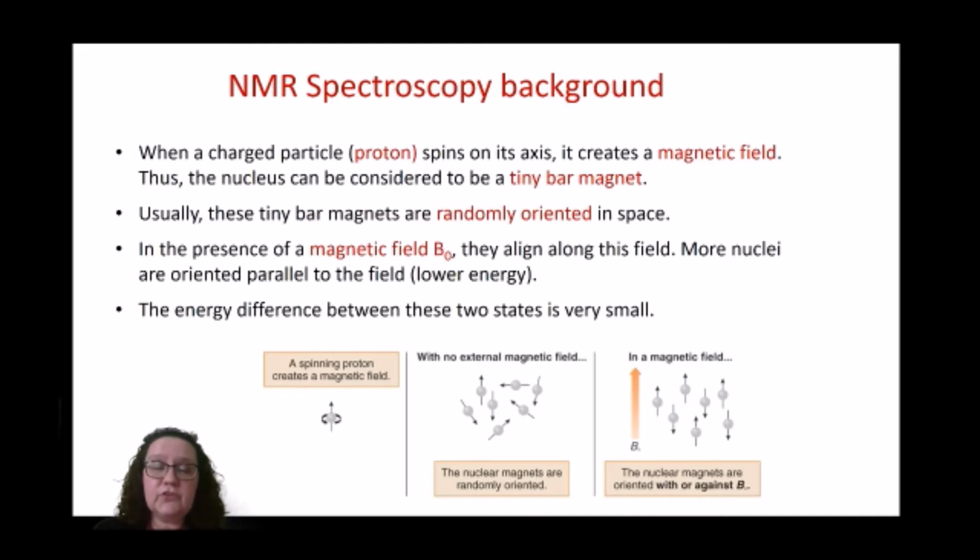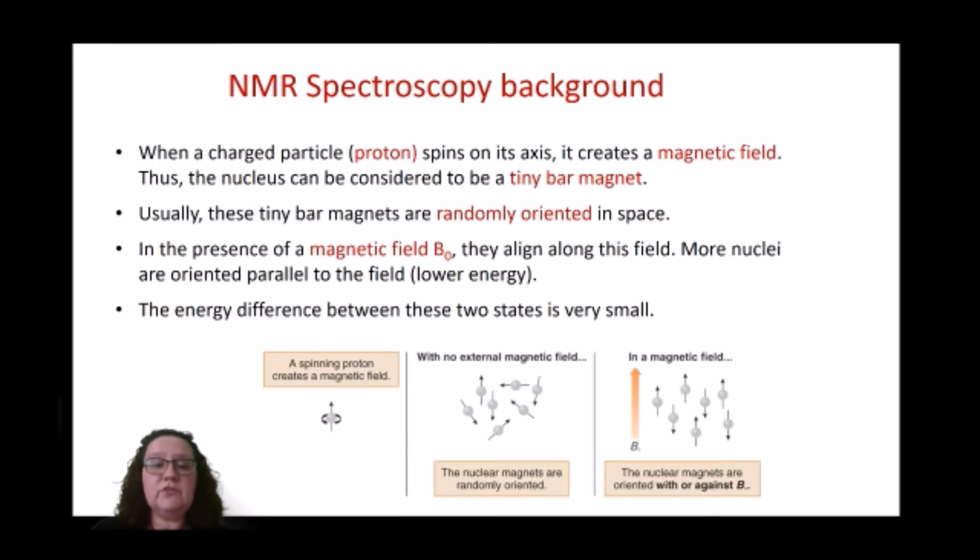When they are in the presence of a magnetic field, they will align with respect to that magnetic field. They might align parallel to the field or anti-parallel to the field. So they will be oriented with or against the external magnetic field.